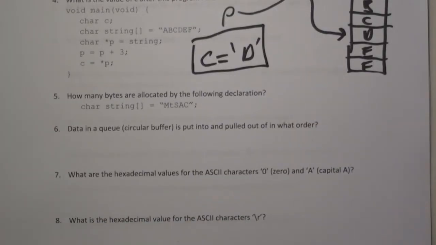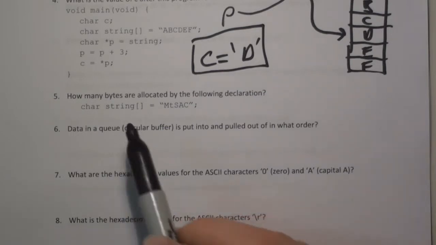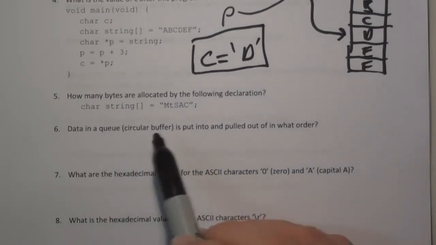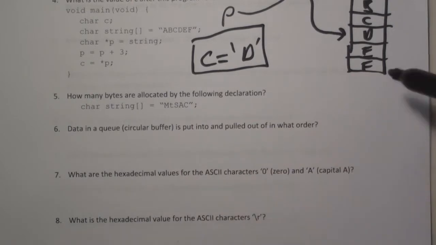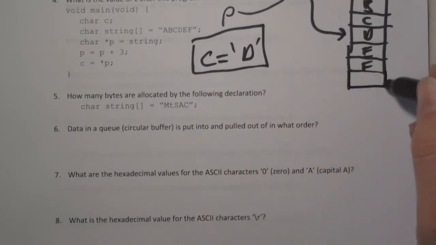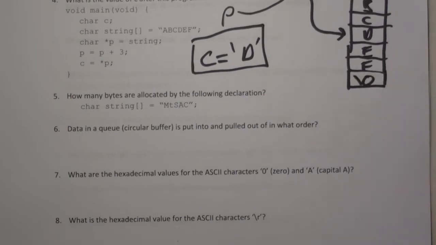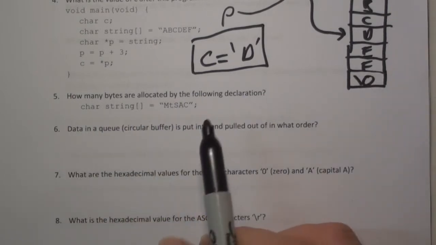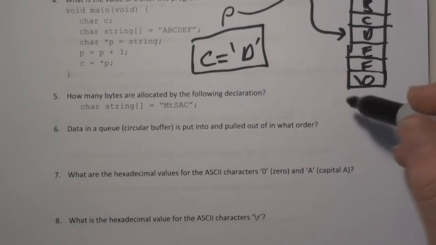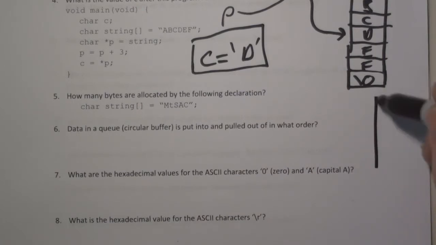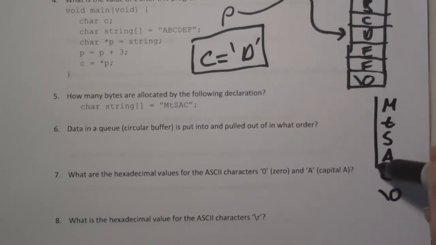How many bytes are allocated by the following declaration? So remember from the previous one, there's actually another byte in here, that's the null character. So how many bytes are allocated by the declaration, counting the null character?